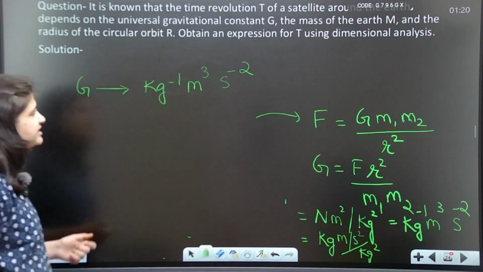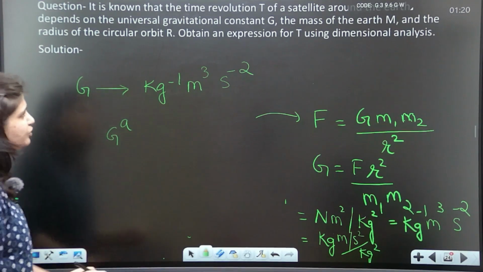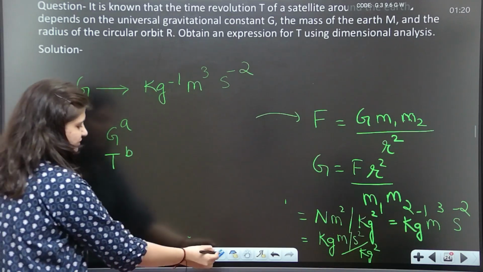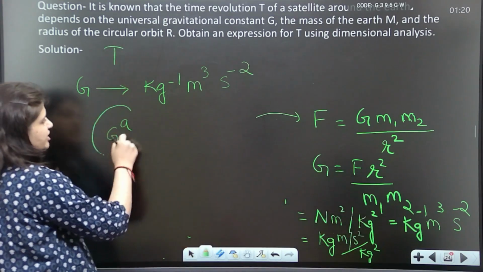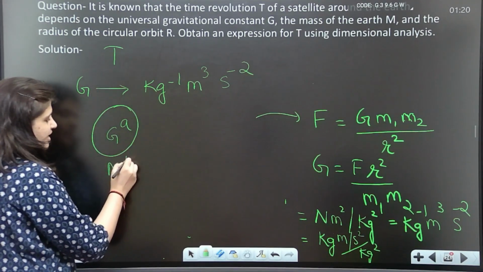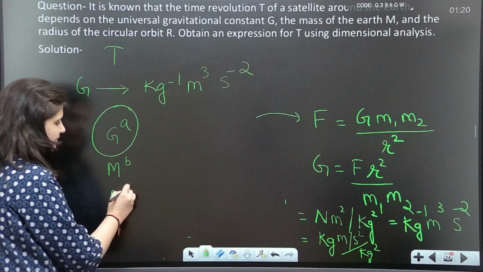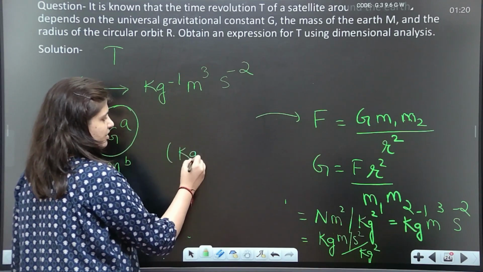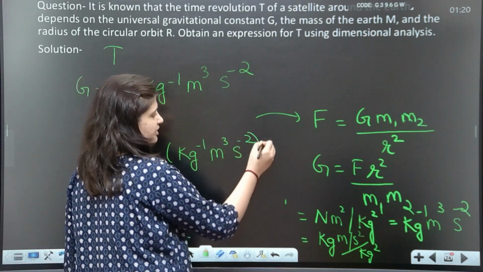So now let's suppose the time period T is dependent on G to the power a, mass m to the power b, and radius to the power c. We have to find how this time period is dependent on G, on mass, and on radius. So it is G, this is kg to the power minus 1 meter cube s to the power minus 2, all to the power a.